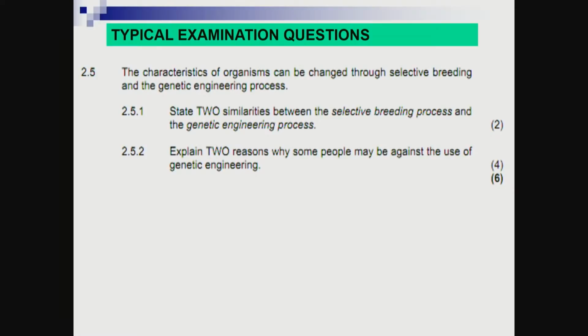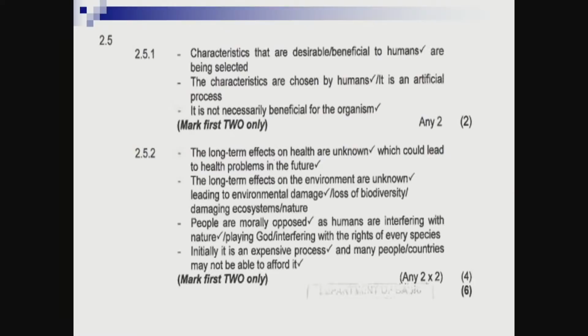And then there's: explain two reasons why some people might be against the use of genetic engineering. That one is for: it's expensive, it is immoral, we don't know what the health impact is, we don't know what the long-term effect on the environment is, etc. So the answers are by humans and to satisfy human needs.